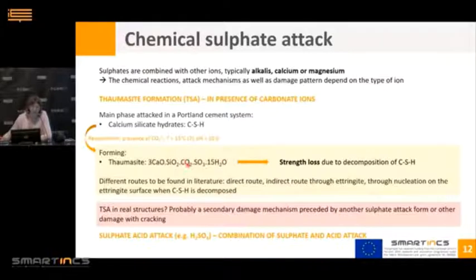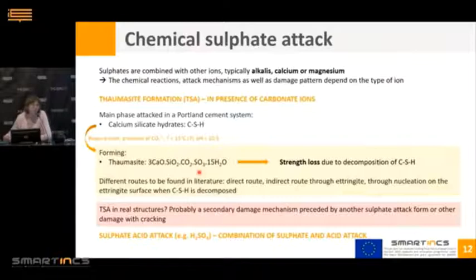These carbonates can come from ingredients within your concrete matrix, from the aggregates, from the fillers, but can also come from carbonation from the air. Further on, we have the silicates, which come, of course, from the calcium silicate hydrates. And we also need a sulfate source, which can be internal or can come from an external source.